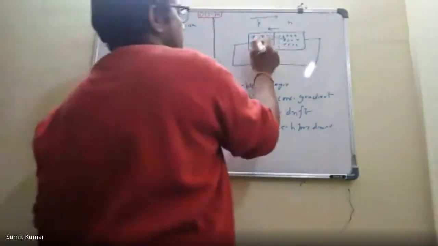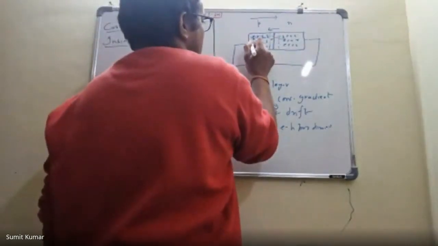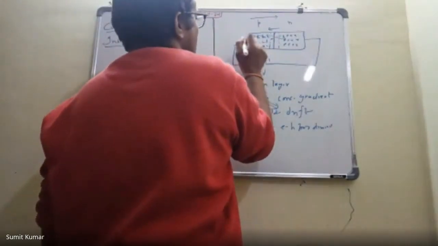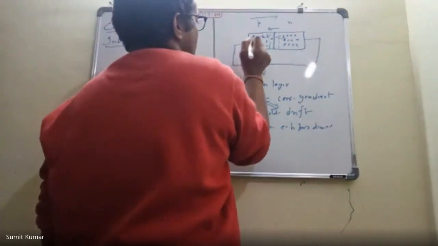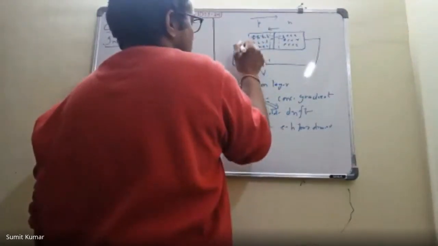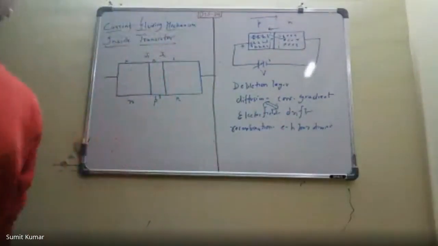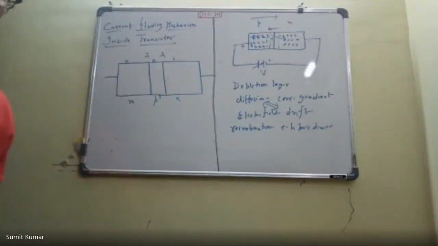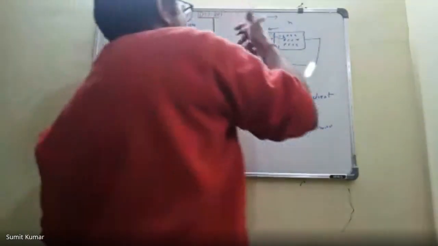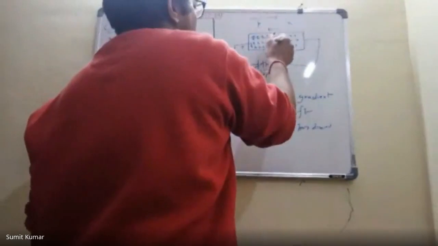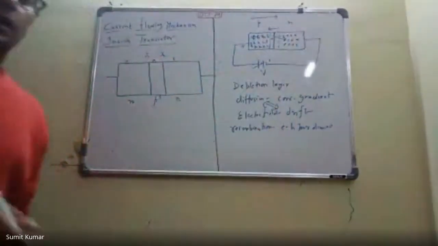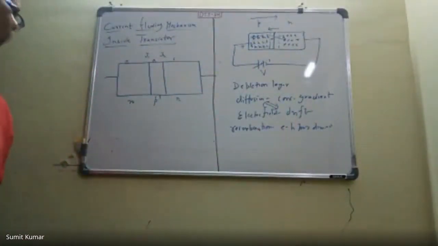Here new holes will be created, and electrons are pulled by this battery. Here you can understand, this is the positive terminal, and we know the positive terminal attracts the electrons. It will attract the electrons from the bonds, and it will create new holes in order to compensate the holes which are destroyed by the recombination process. This you need to understand. This is the basics of the PN junction.